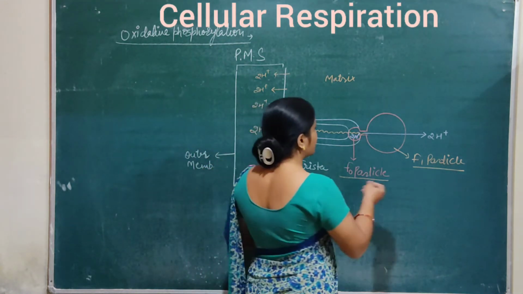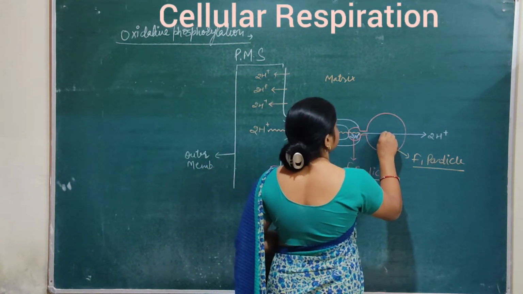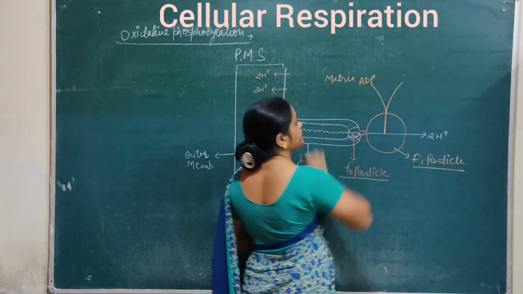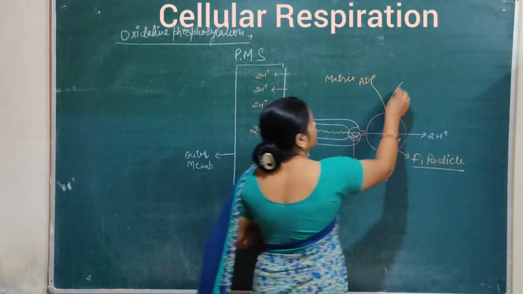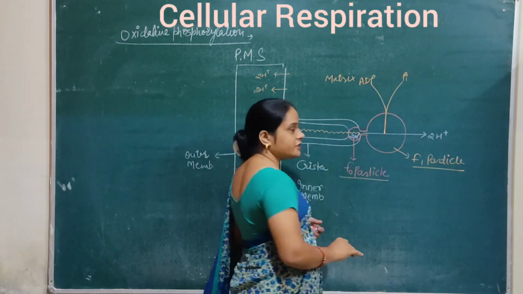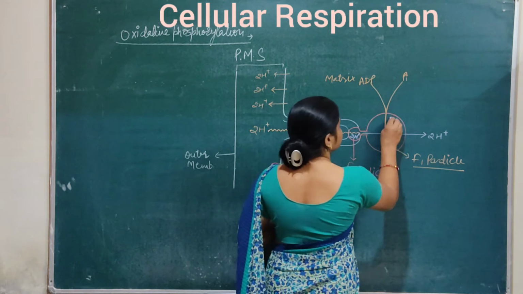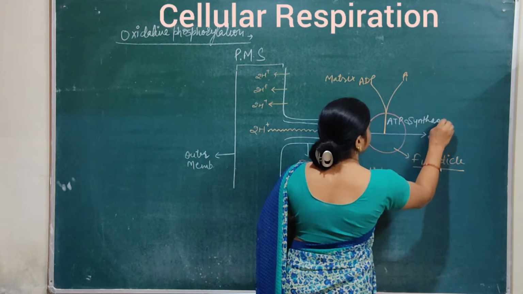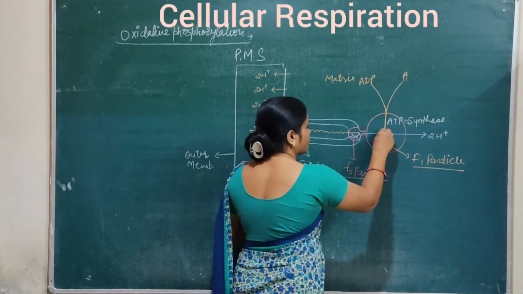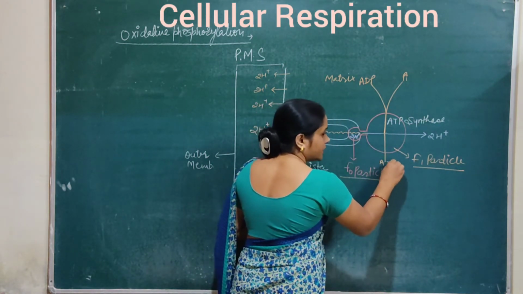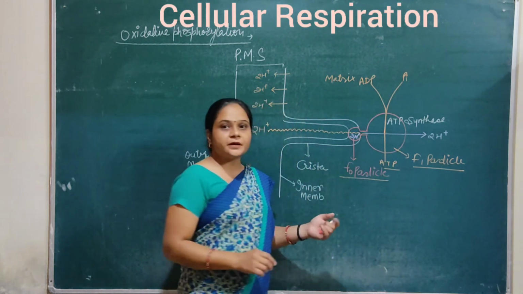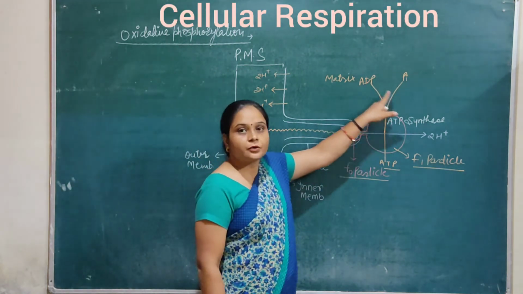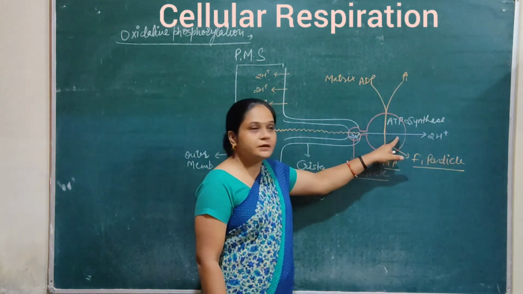Now how does the ATP production take place here? There is the ADP molecule present in the matrix. There is inorganic phosphate present in the presence of an enzyme named ATP synthase. It helps in the production of ATP molecule. So how did the ATP molecule formation happen here? ADP and inorganic phosphate both are present in the matrix region.